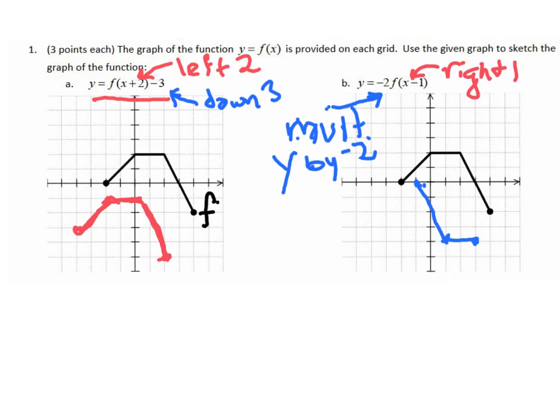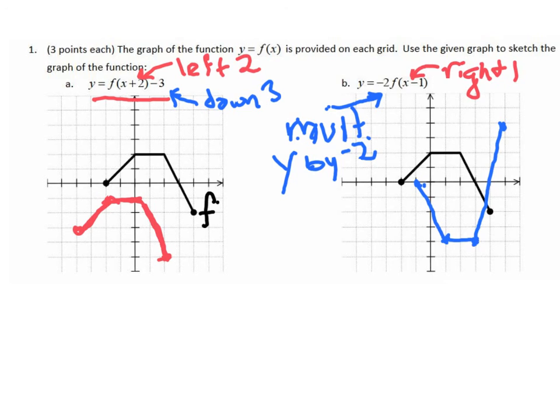So right 1, and then multiply by -2 lands here. And we end up with that line segment there. And I'm sorry, I have my window open. Okay, the plane's mostly gone. So overall, it should look like this graph moved right 1, was reflected across the x-axis and stretched by a factor of 2. And so that results in this blue graph here.